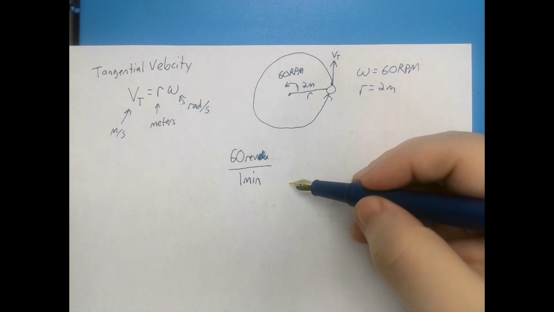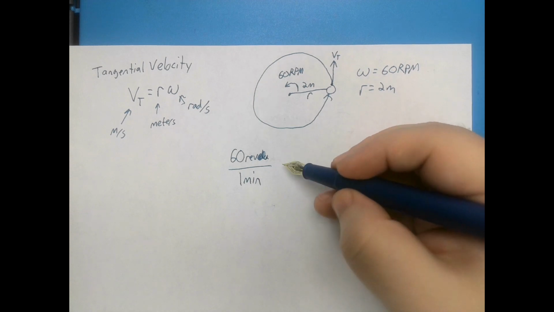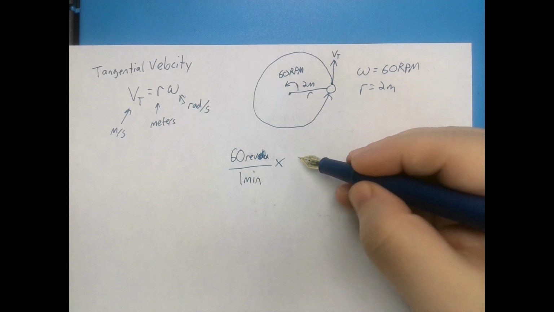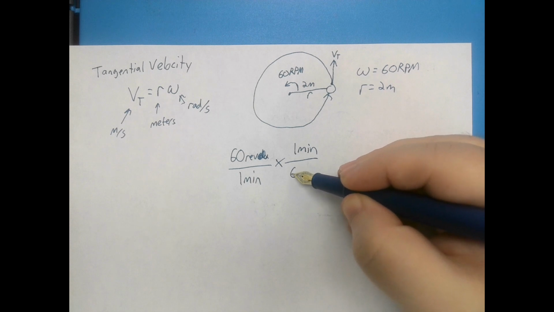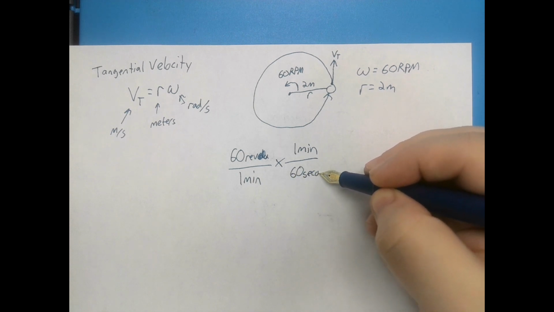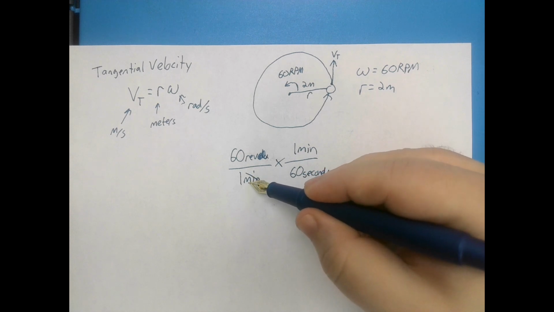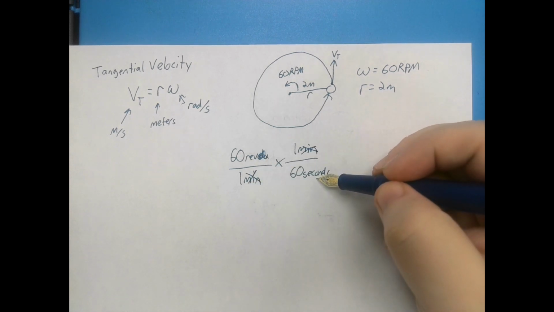We need to get this in radians per second. So first, the easiest thing is to get rid of the minutes. We know that 1 minute is equal to 60 seconds. A minute divided by a minute cancels each other out. So now we're in revolutions per second.